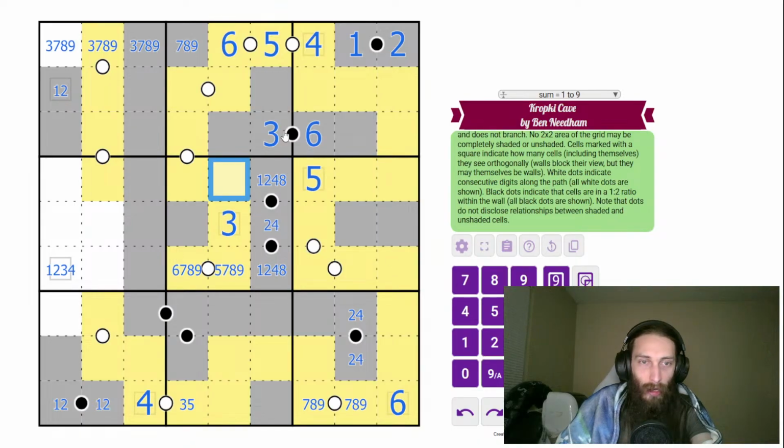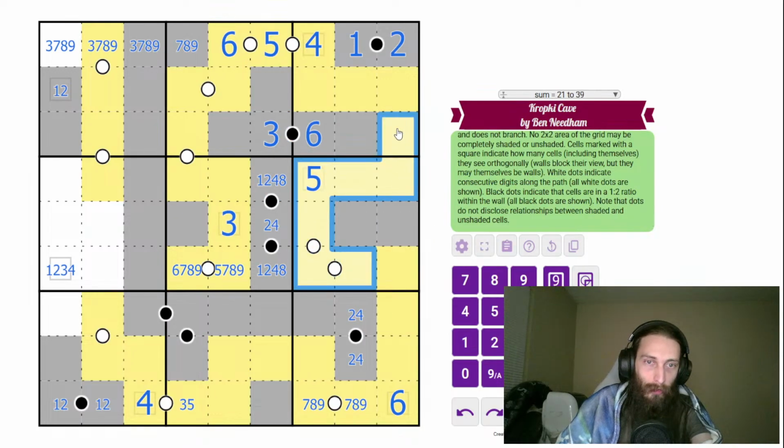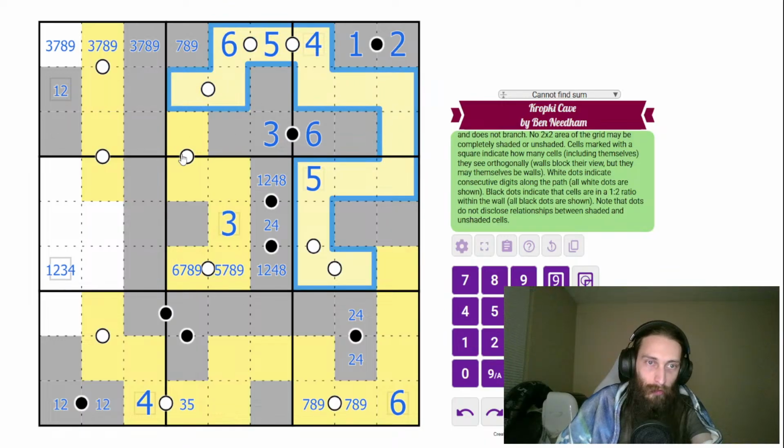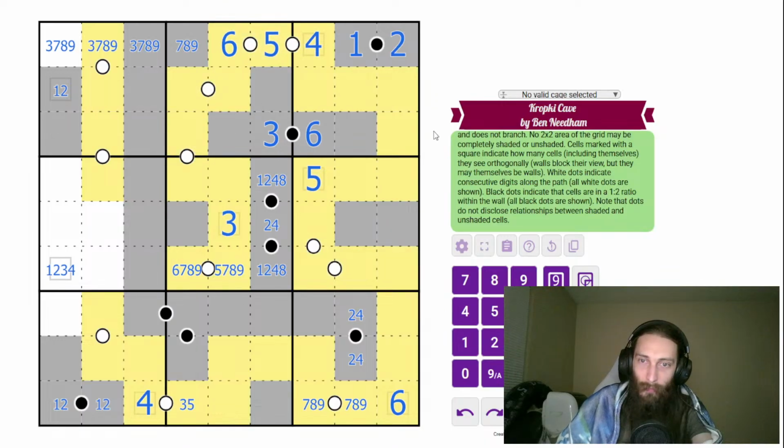I'm not 100% certain you're wrong yet, but because of the way it's worded, I'm going with white croppy dots have to be along the path, even though the note says that dots do not disclose relationships between shaded and unshaded cells, but we'll see what happens. So that one for sure doesn't need a dot to operate.